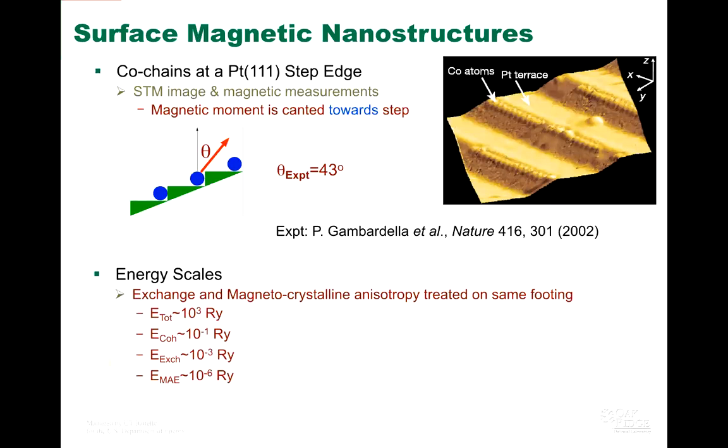And then we have the magnetic exchange energy, which is in the order of millirydbergs. And finally, what is responsible for the alignment of these magnetic moments with respect to the surface, the magnetocrystalline anisotropy, is a quantum mechanical relativistic effect.